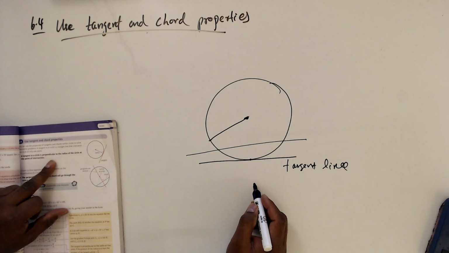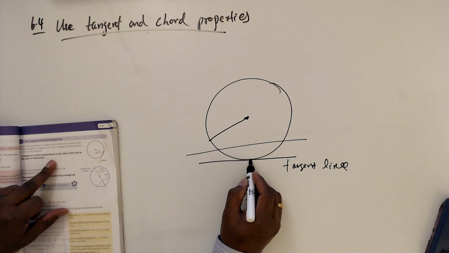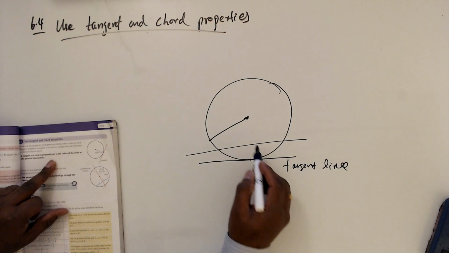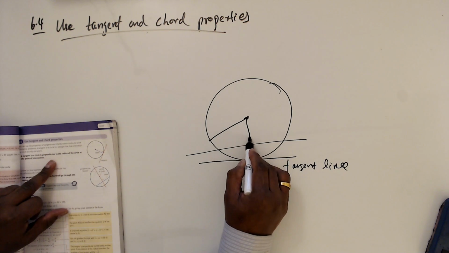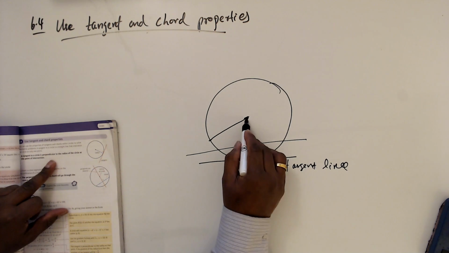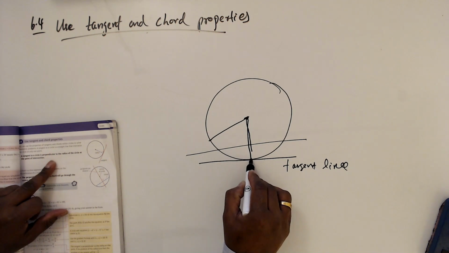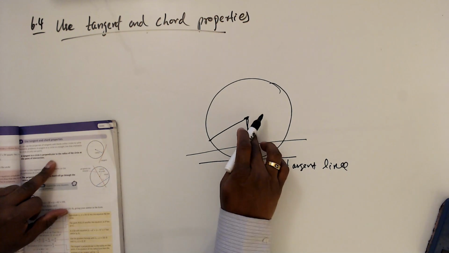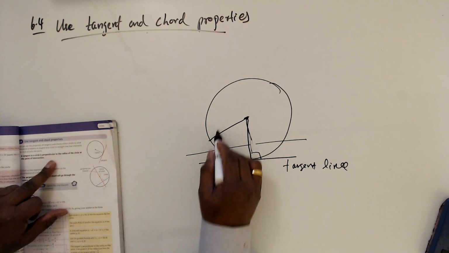That radius should end up touching this point. So when you start here, that radius should end up touching this point. That is the one that is perpendicular, not others.